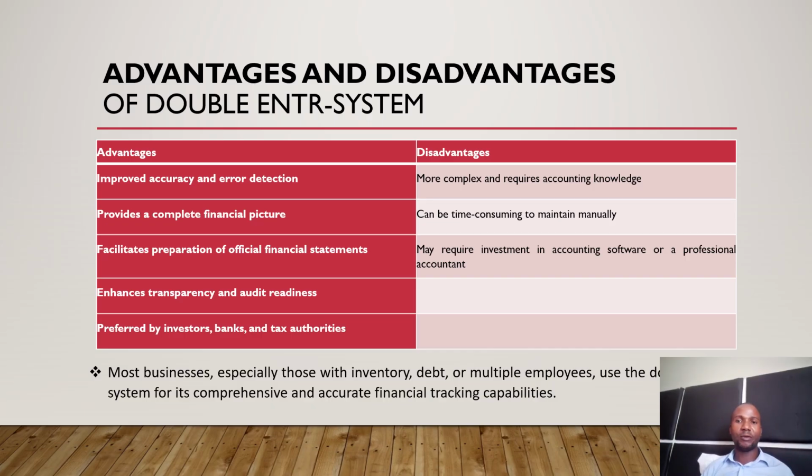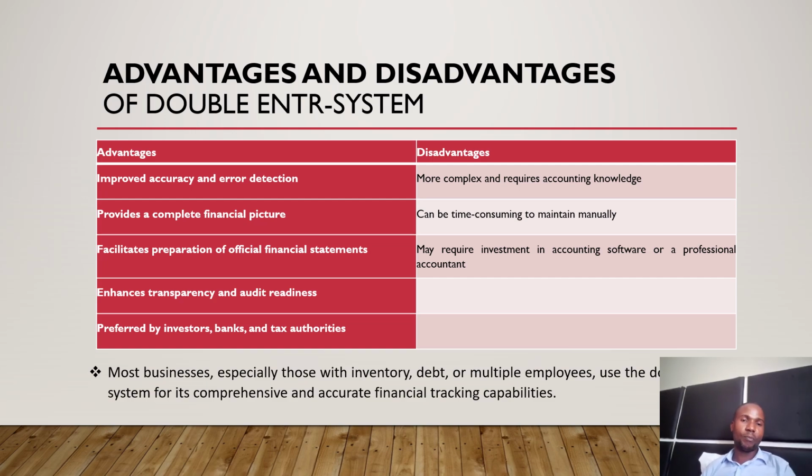This one will help to address the other two disadvantages. If we invest in accounting software, it will help us to improve our time efficiency. We'll be able to handle a lot of transactions using the accounting software. And the professional accountant is someone who is knowledgeable about the rules of the double entry system. All these sum up the disadvantages.